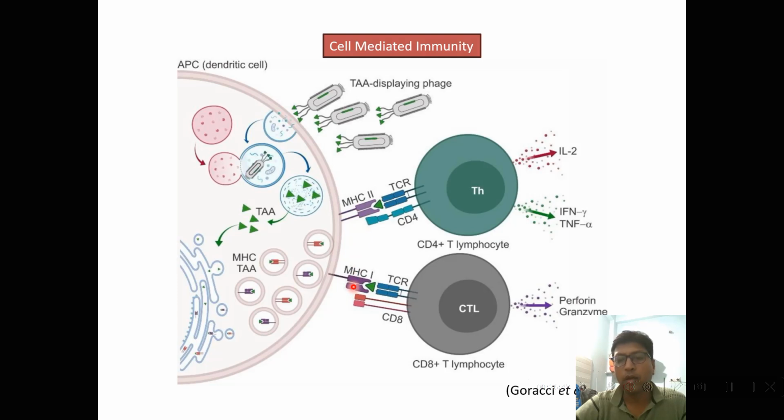These both molecules are responsible for activation of cell-mediated T lymphocytes, and there is a release of interleukin 2, interleukin 4, then interferon gamma, tumor necrosis factor alpha, perforins, granzymes, and all these are responsible for activation of the programmed cell death cascade, and the caspase mechanism leads to the death of a particular target cell.